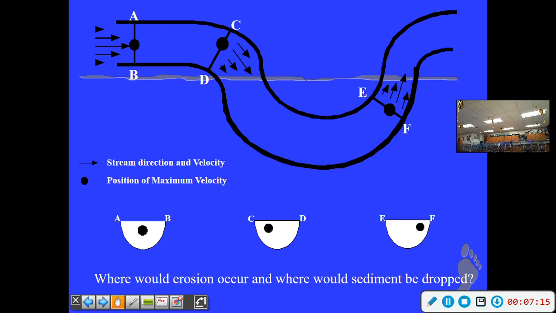So again, just to reiterate: erosion, deposition, on a straightaway.